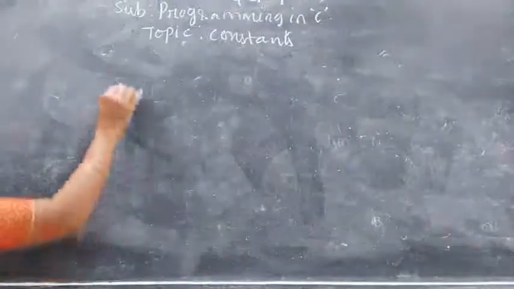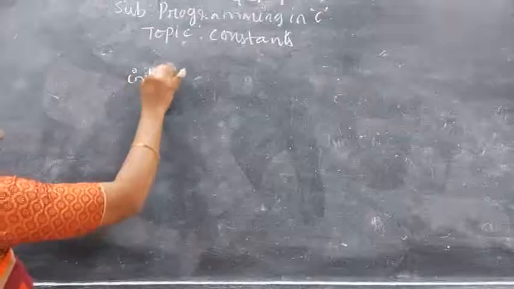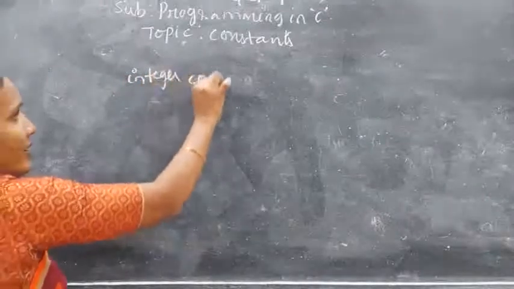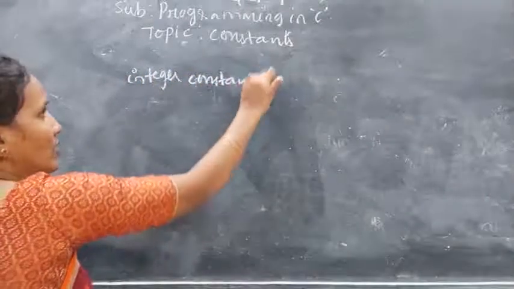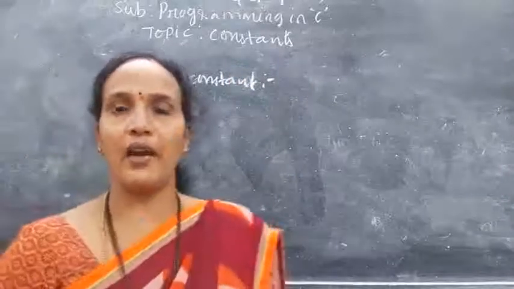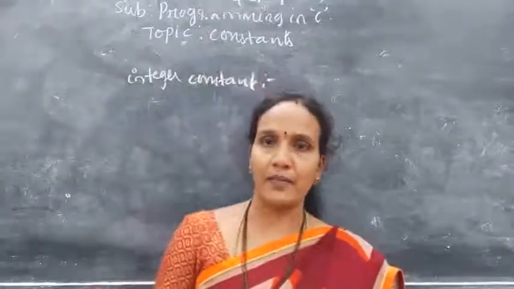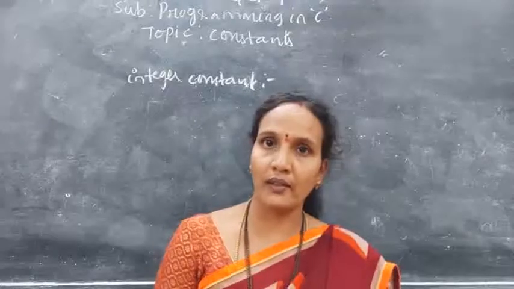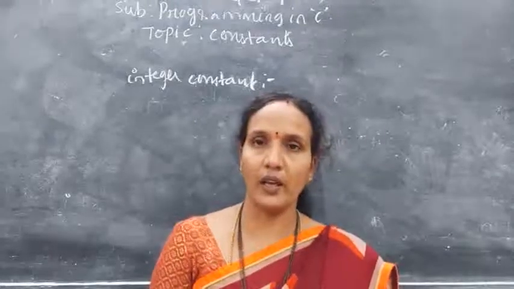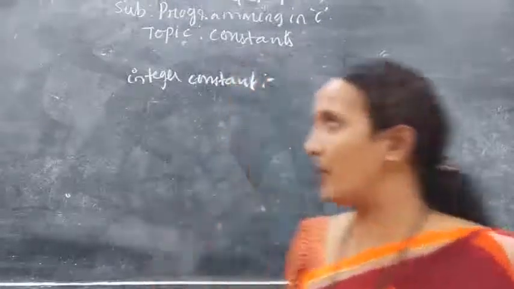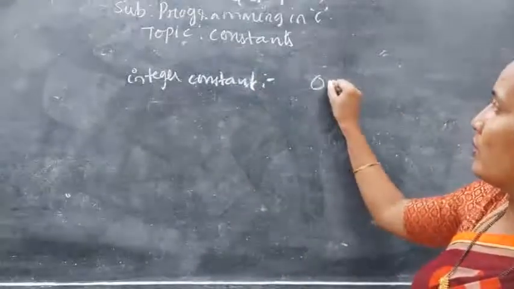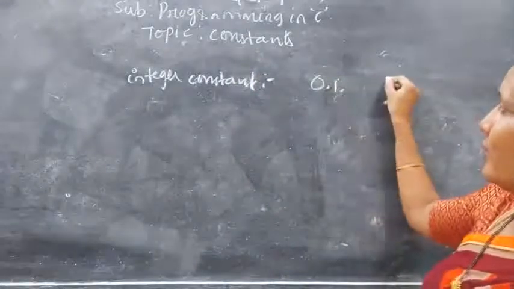Now, integer constant. In the name itself you have a definition: constant, but which is holding an integer value. Integer means whole numbers like 0, 1, 2, like 100 or 2000.